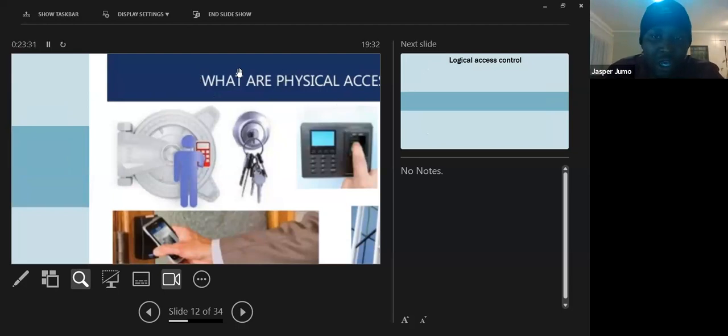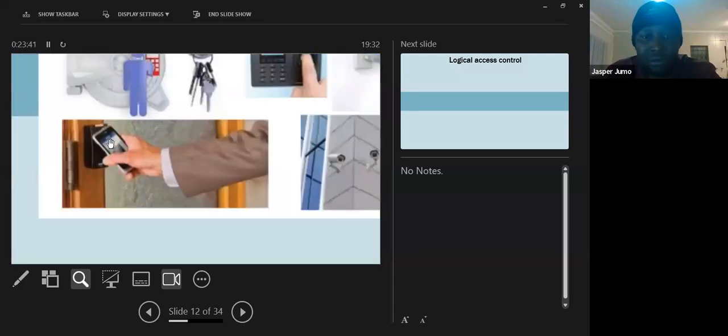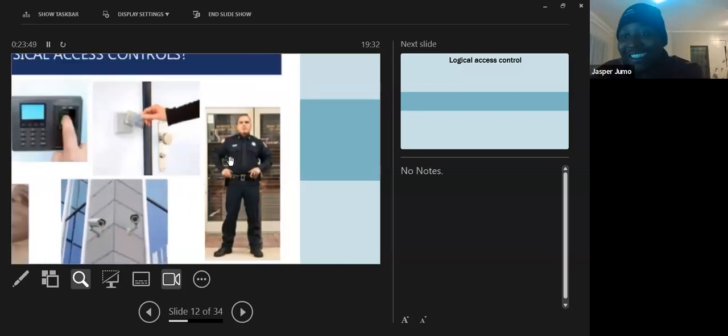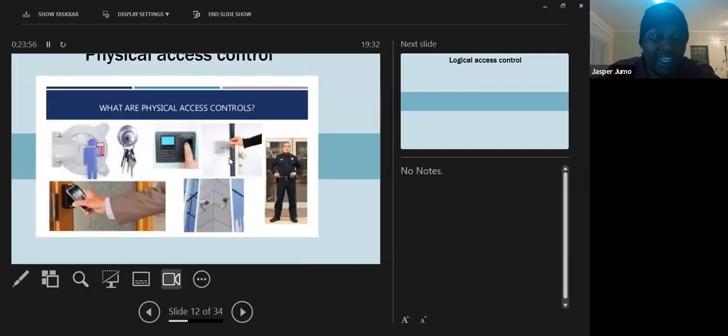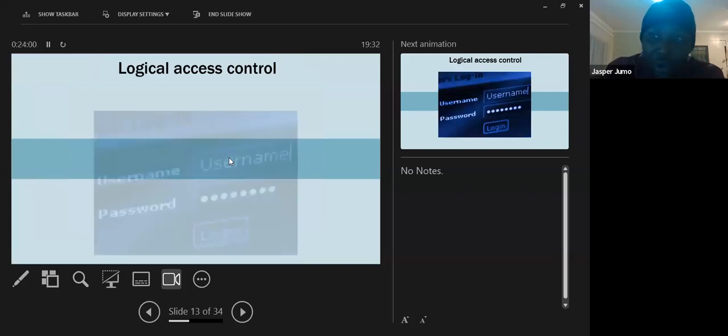Lockers that have a key, or people that use biometrics, right? Or use a card, or use QR scanning, right? Or sometimes there have to be cameras to check. Or if the worst comes to the worst, you see a guard standing to make sure that he allows people that are authorized to go in.